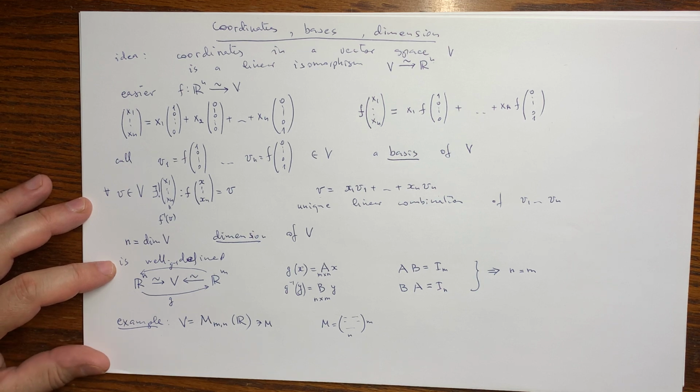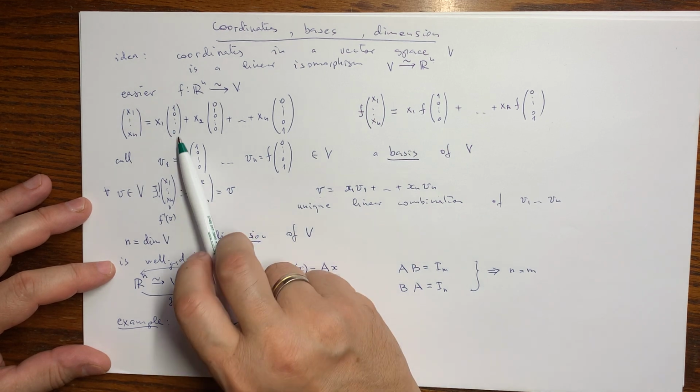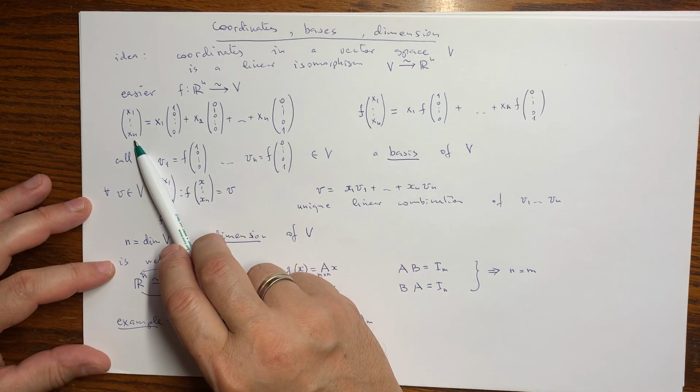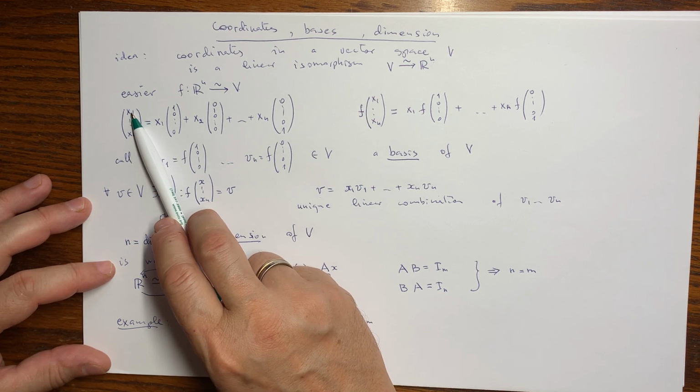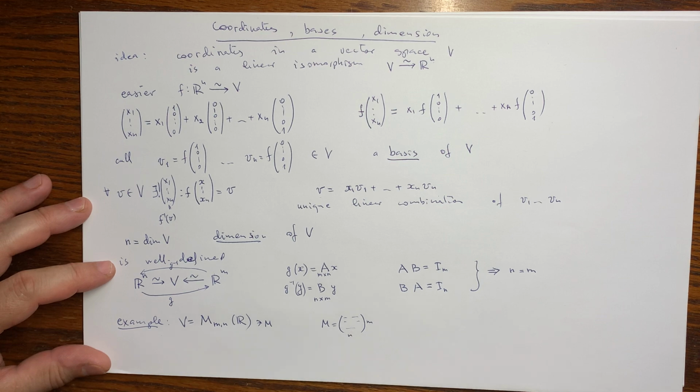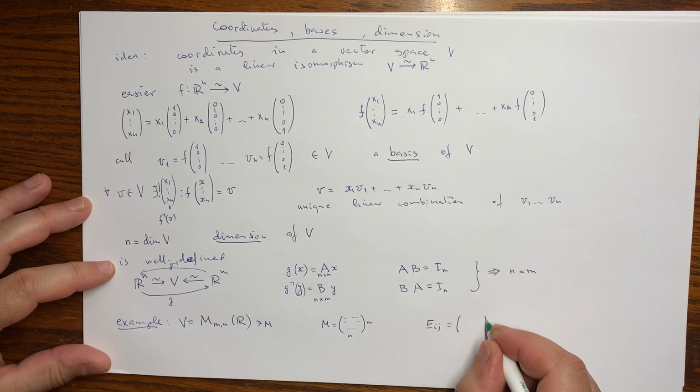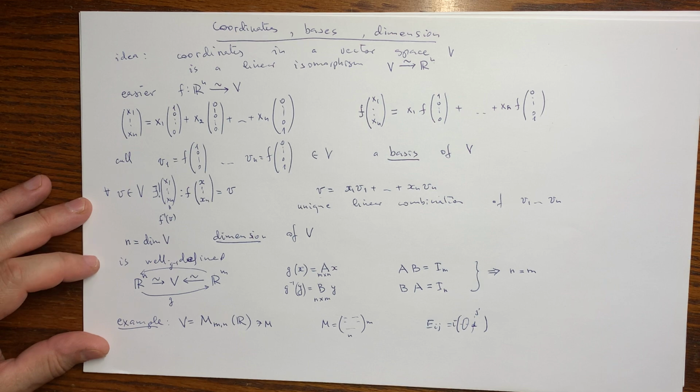And indeed, if we just turn them one by one, as we did here with the standard coordinate vectors, making them all zero but keeping just one non-zero, and do the same with matrices, we will end up with m times n special matrices, which will be zero everywhere, but one at the intersection of the ith row and jth column.